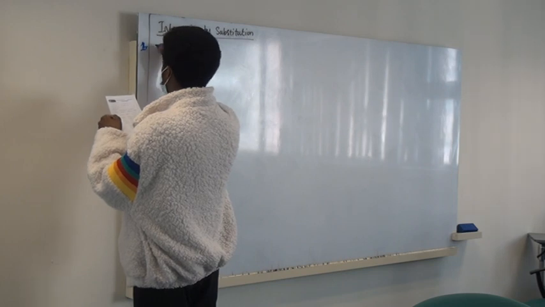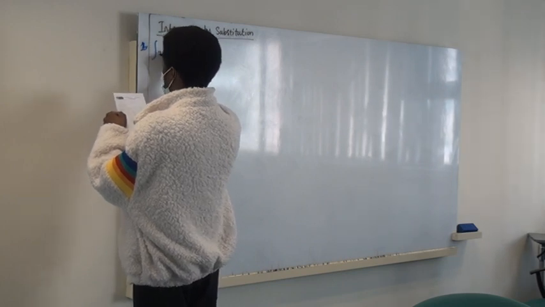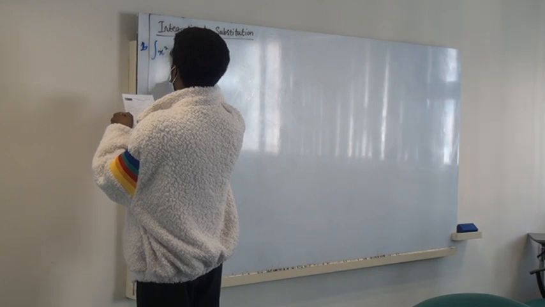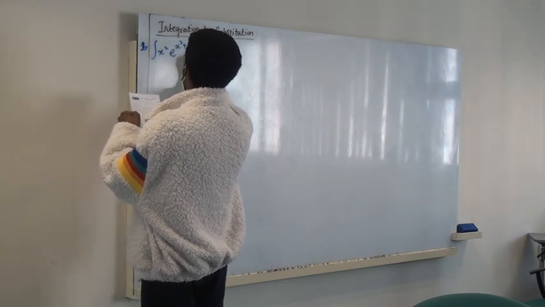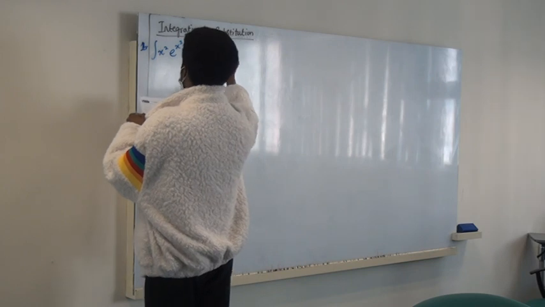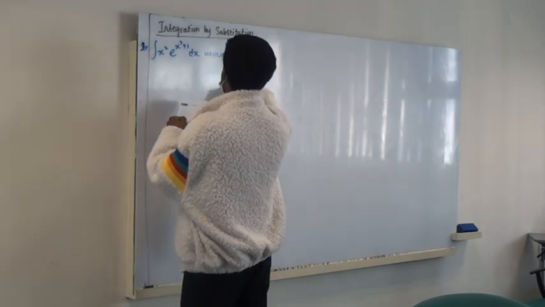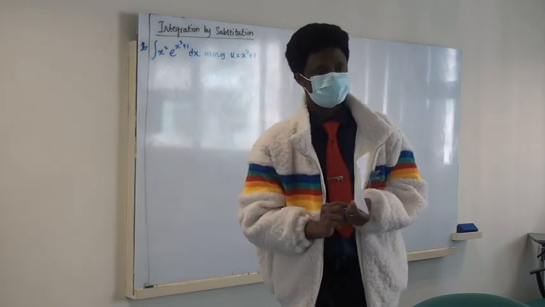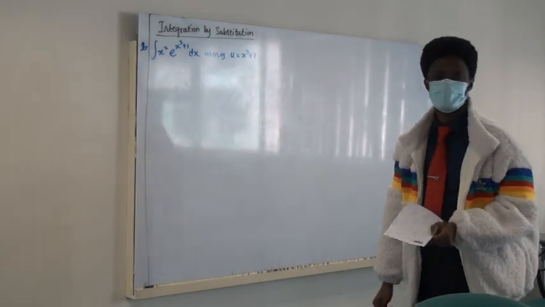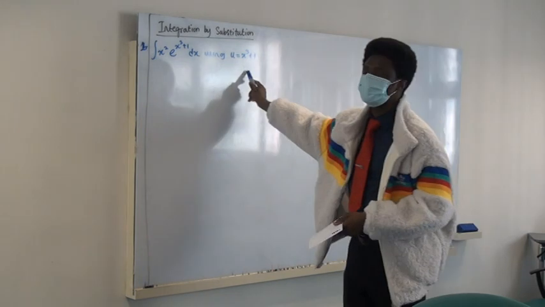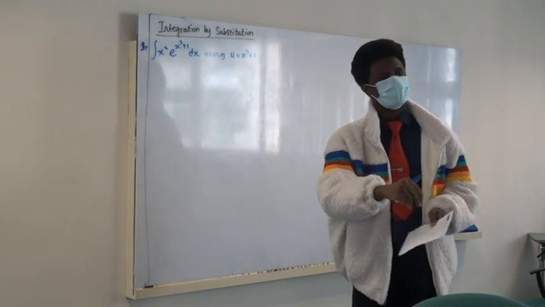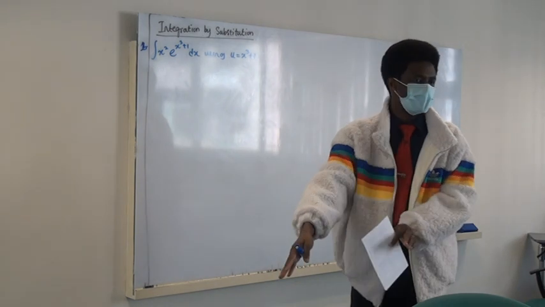1b says integrate x squared exponential x cubed plus 1 dx using u equals x cubed plus 1. Please pay attention. So you have been told what your u is. The first set of questions, I kind of spoon-fed you what u should be.